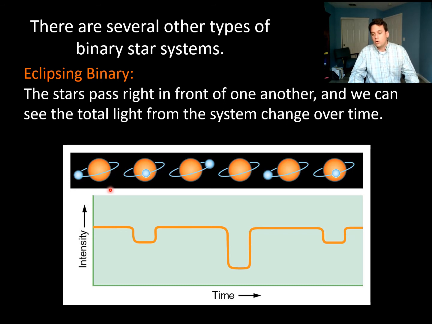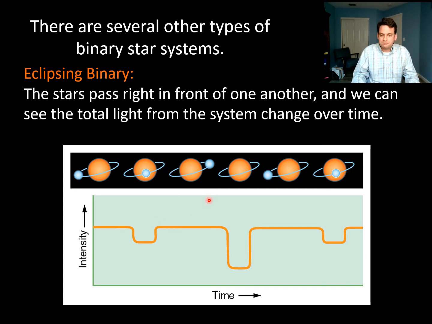But then at some point, the low mass star will move in front of the high mass star, and the intensity will dip a little bit, because you're still getting the maximum possible intensity from the smaller star, but it's blocking some of the light that you were initially getting from the larger star, so you get a small dip. The reason it's a small dip is that the small star is only blocking a small amount of the large star's light. Then that star emerges, is no longer blocking the big star, and your intensity goes back up to the maximum.